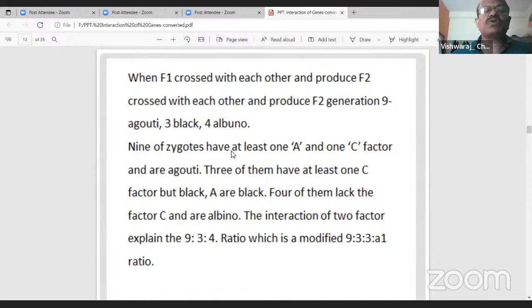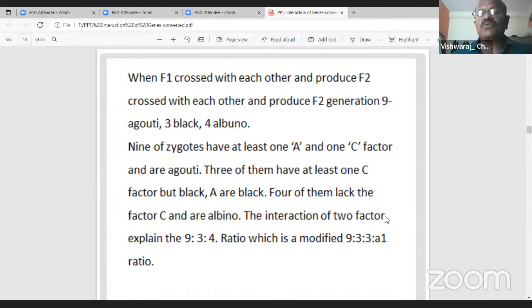Nine of the zygotes have at least one capital A and at least one capital C, and are agouti. Three of them have at least one capital C but no capital A, and are black. Four of them lack the factor capital C and are albino.